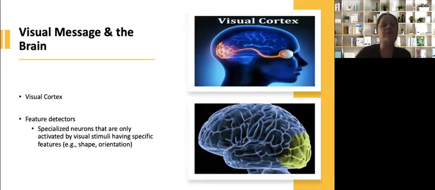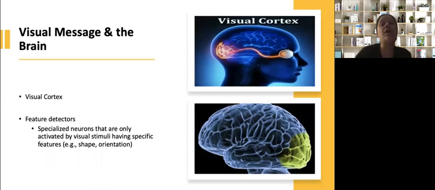And there are what are called feature detectors, which are specialized neurons in parts of the brain that are only activated by visual stimuli that have very specific features. So features like certain shapes, certain patterns, certain orientations. These feature detectors are all specific to different features of the stimulus. So for example, some feature detectors are only activated by lines that have a certain width or shape.